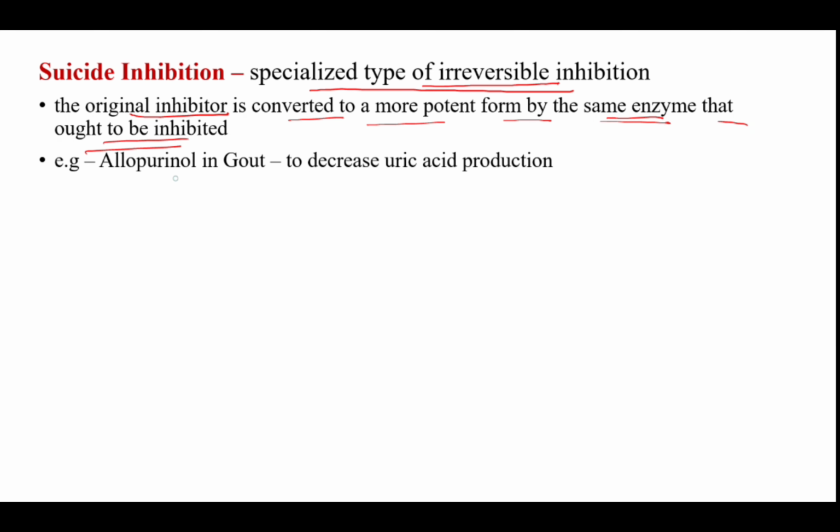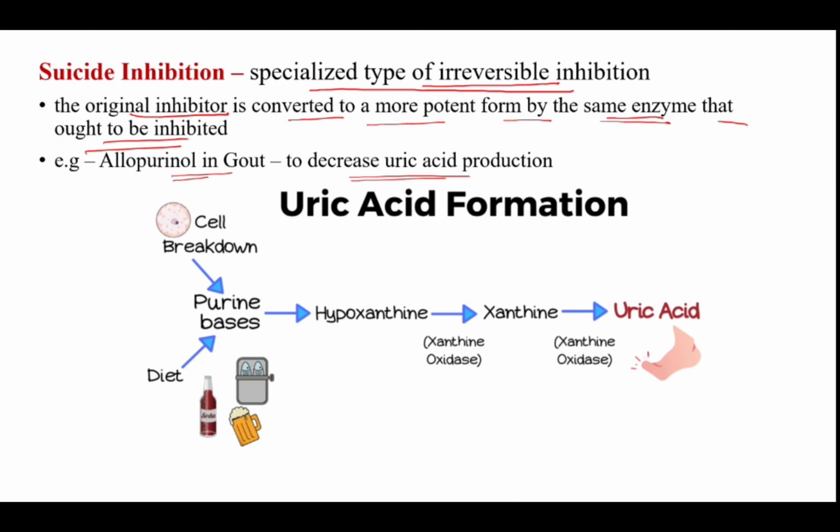Now, suicide inhibition is a specialized type of irreversible inhibition where the original inhibitor is converted to a more potent form by the same enzyme that ought to be inhibited. For example, allopurinol in gout is used to decrease uric acid production. So, the purine base hypoxanthine is converted to xanthine, and xanthine is converted to uric acid by the enzyme xanthine oxidase.